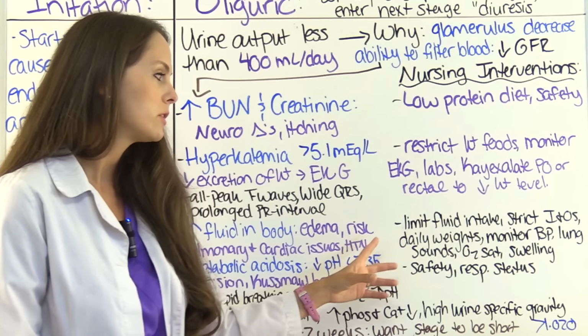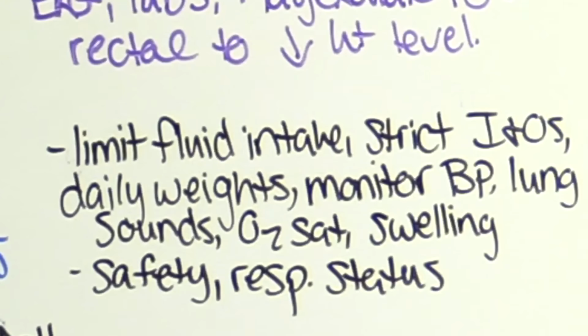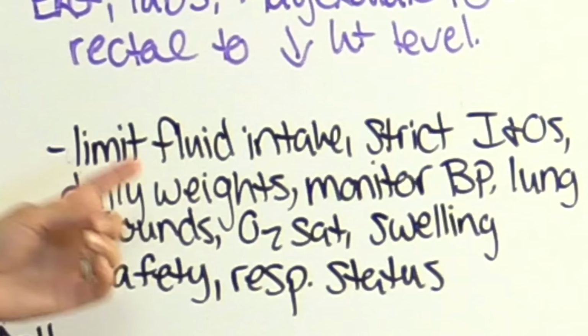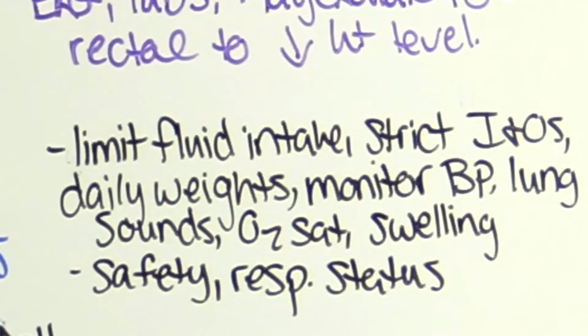So nursing interventions would include limiting their fluid intake, monitoring their intake and output very strictly. We want to know exactly what they're taking in and exactly what they're putting out. Daily weights, get them up every morning, use the same scale and weigh them, because weighing a patient is a great indicator of how much water they are retaining.